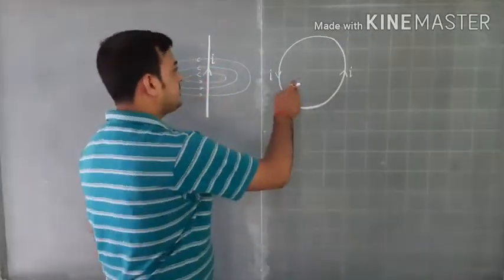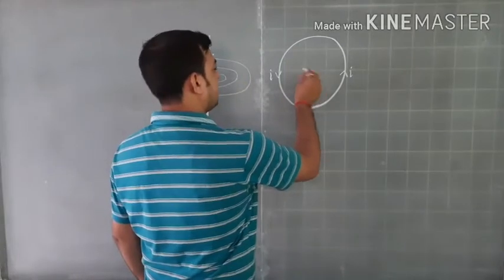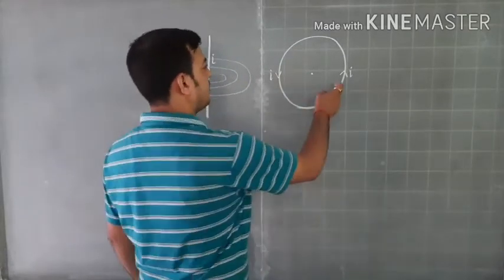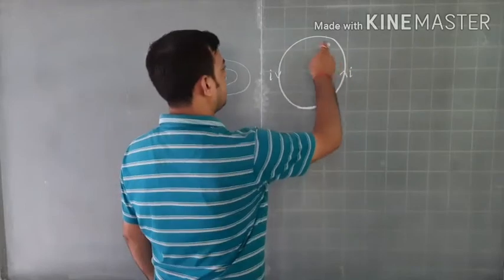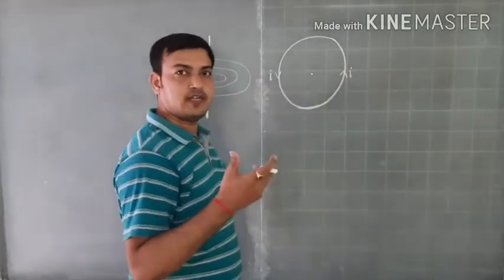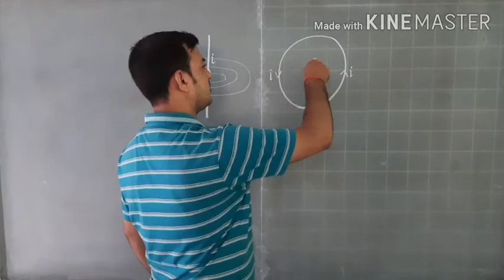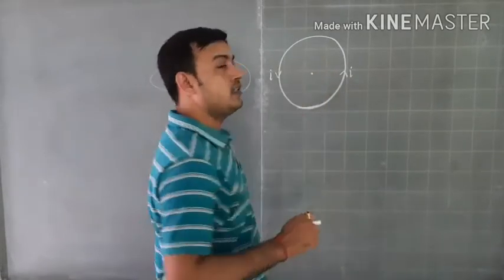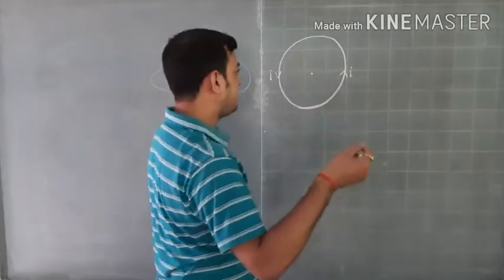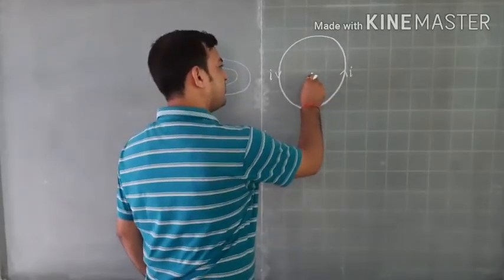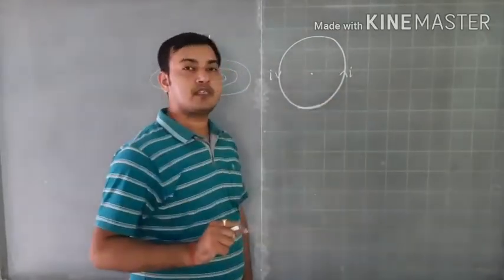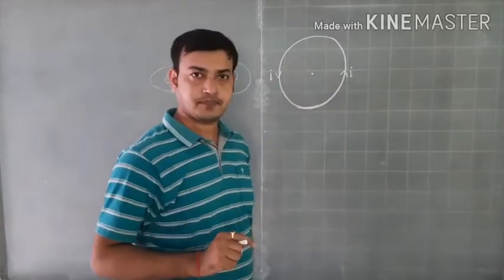Now as you can see, if I concentrate on the center of this loop, the direction of the current is anti-clockwise, and I told you that from Maxwell's law, if you rotate the screw in the anti-clockwise direction, then it will come out. It means the direction of the magnetic field at the center is outwards.